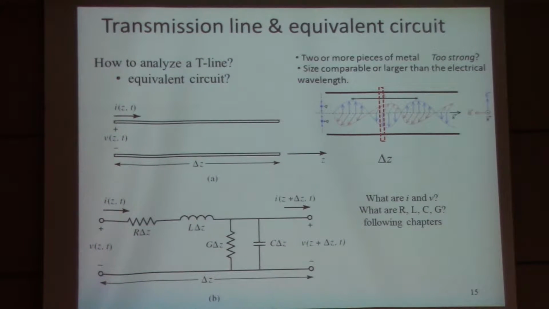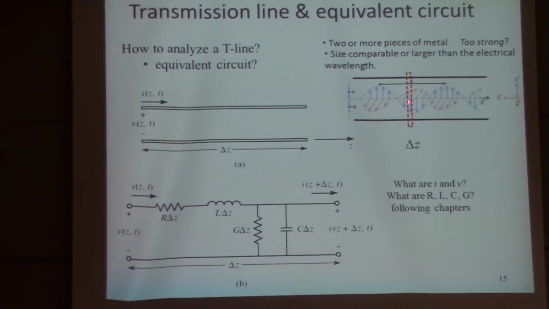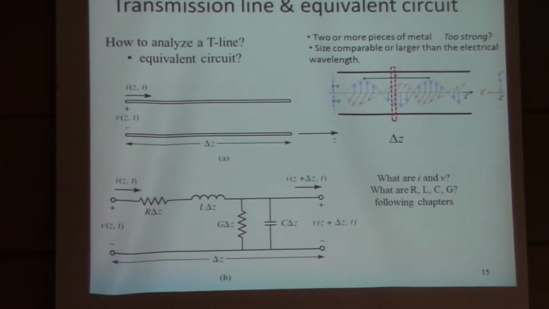That's good, right? So then how do we deal with the transmission line? We said they're comparable with your wavelength, so you have the phase delay, etc. issue, right? Then the idea is to build an equivalent circuit for your transmission line. Okay? How?